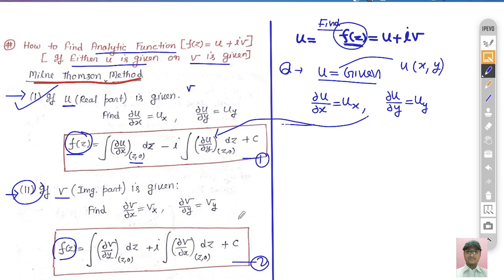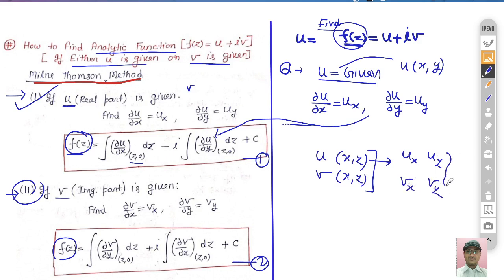After the differentiation, whatever you get, you know u and v are both functions of x and y. Once you differentiate, you will again get these values, either del u by del x, del u by del y, del v by del x or del v by del y. In both cases these are functions of x and y.